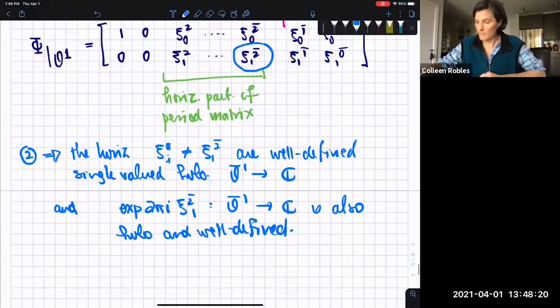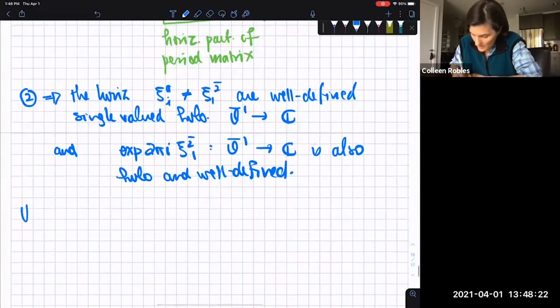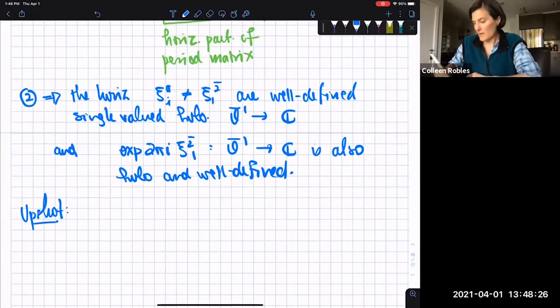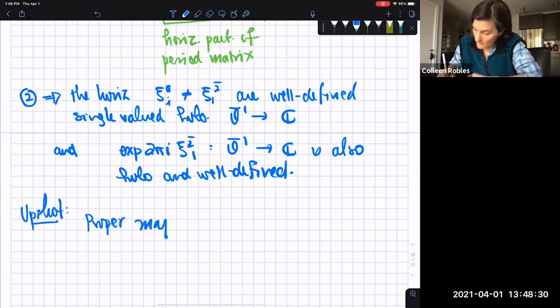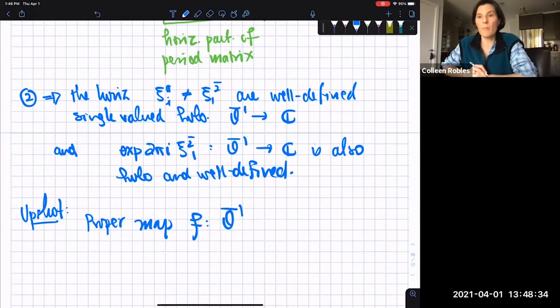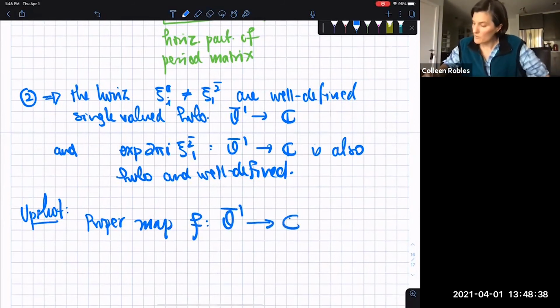Okay. So the upshot is that we have a proper map. Let's call it F from O bar 1 into some C^n.